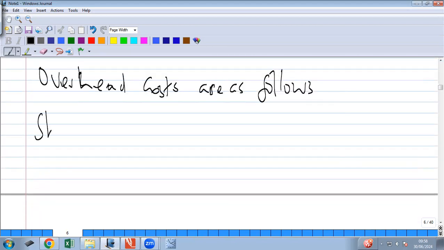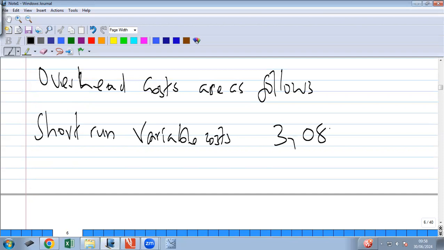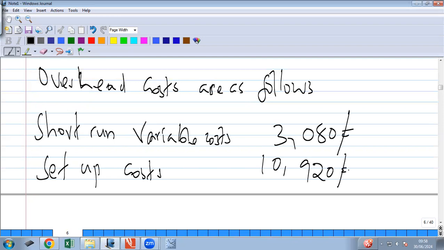Let us have short run variable costs, 3,080 shillings. You have setup costs, we have 10,920 shillings.